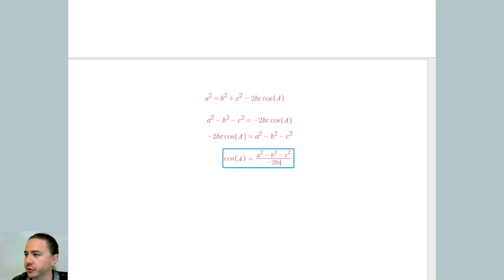Now, a lot of times if you look this up in a textbook, this is going to be multiplied by -1 over -1, so it will look a little different than if you were to look it up in a textbook or online. Let me show you what that may look like. They'll basically swap all the signs here by multiplying this by -1 over -1.